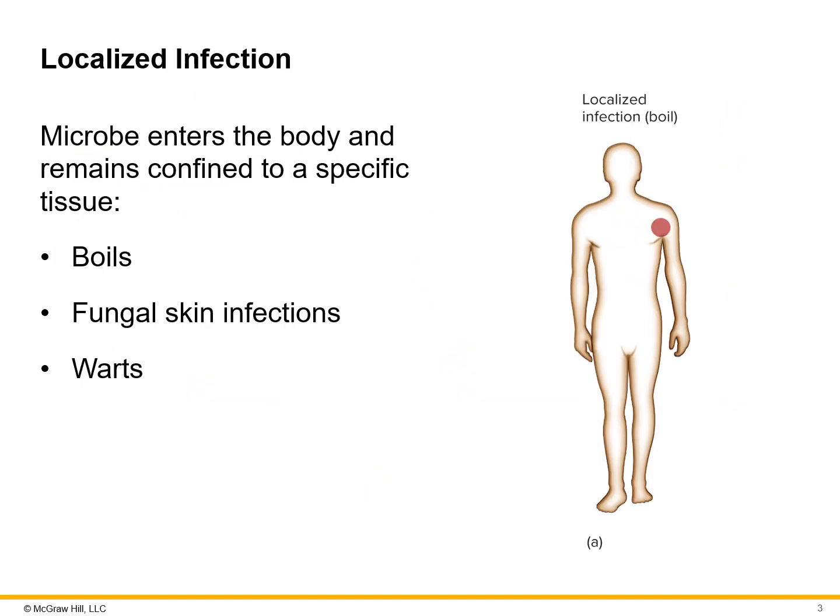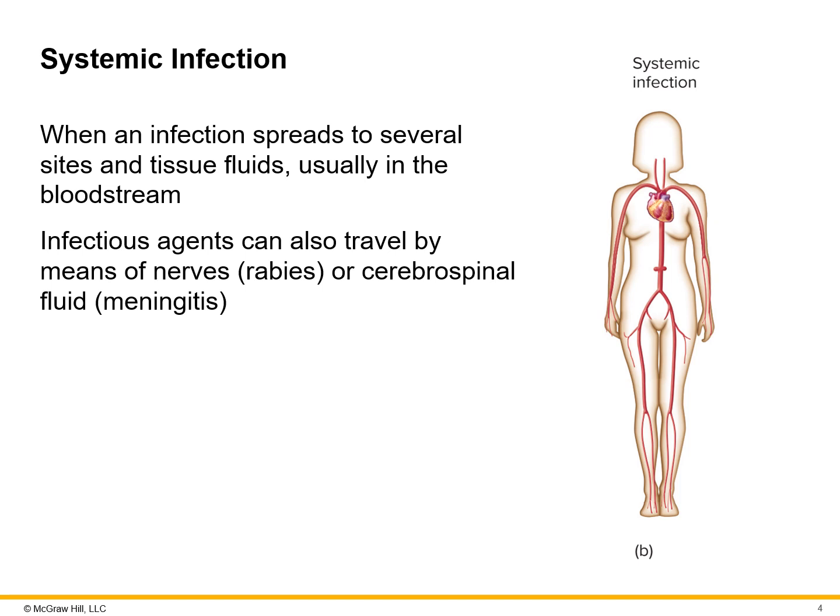So again, just hitting through these terms again. So localized infection, the microbe enters, but it remains in a specific tissue. So like a boil, skin infections, or warts, they're in one specific area. Systemic, those spread to several sites, so usually in the bloodstream. So again, it has a means of traveling.